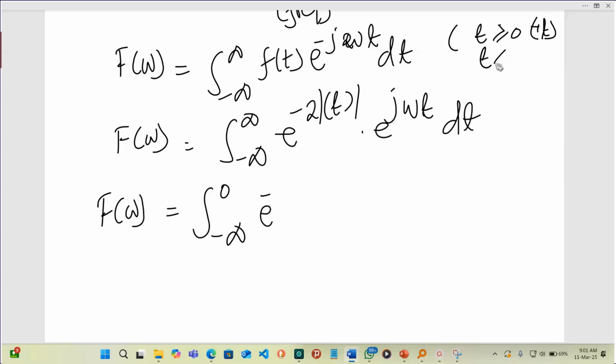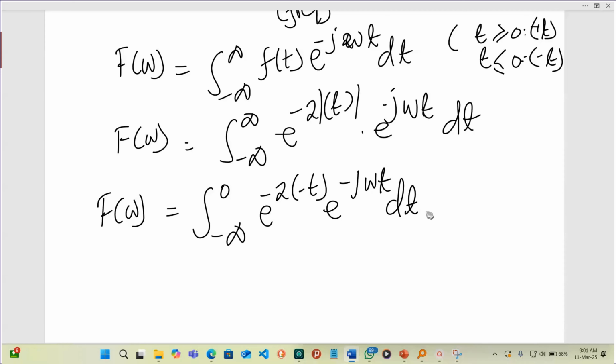But if t is less than or equal to 0, then you have a negative t. So that means here, between 0 and negative infinity, we have negative 2 times negative t, exponential of negative j omega t with respect to t.